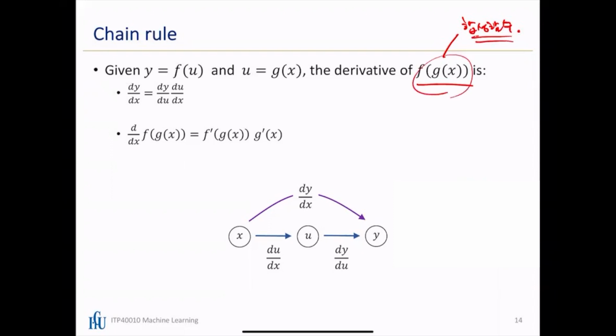So this is actually a chain of functions. So you calculate a function and take the output and put it in another function. So that is a chain of multiple functions. And if you have such a thing, f of g of x, we have a special rule for taking the derivative, and that is called the chain rule.